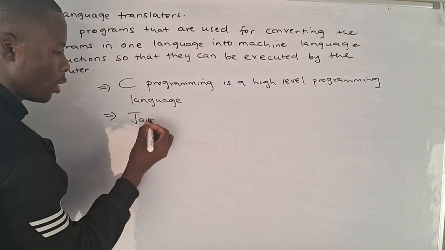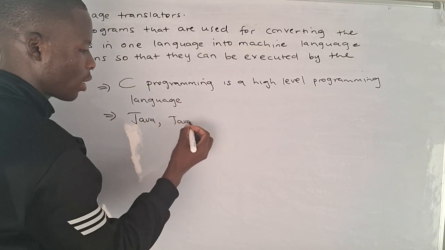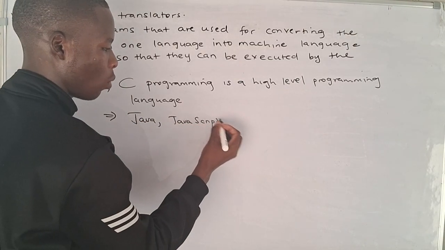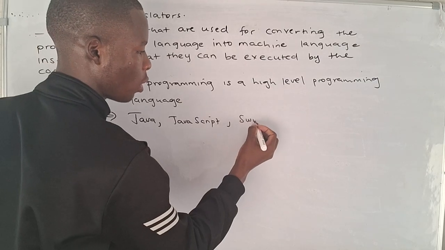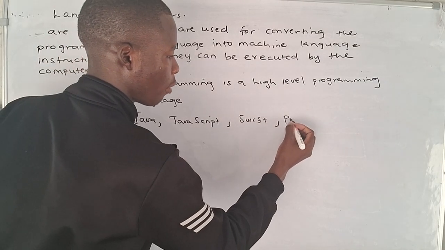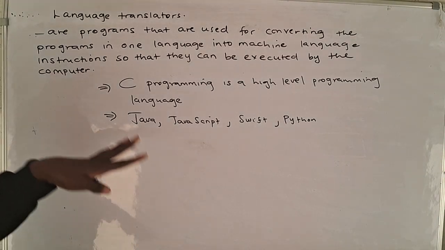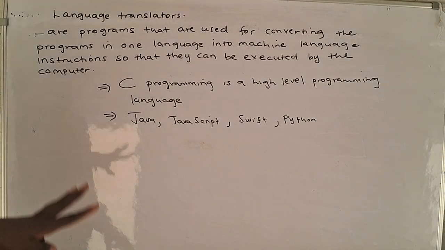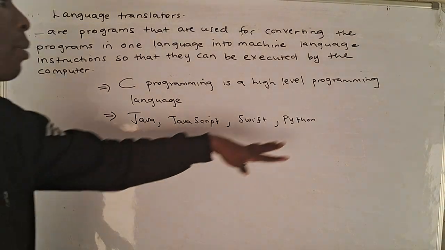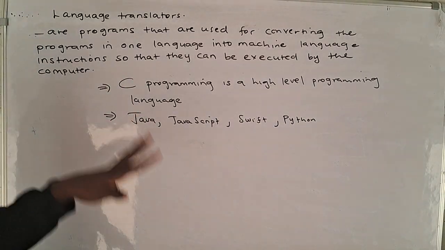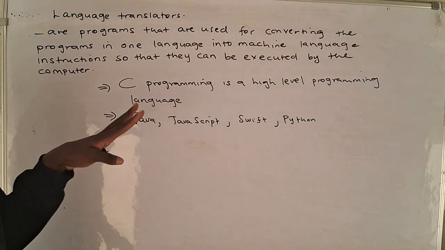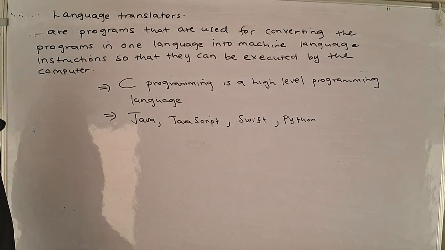We have Java, JavaScript, Swift, and Python. It doesn't mean these are the only high-level programming languages. There are many.